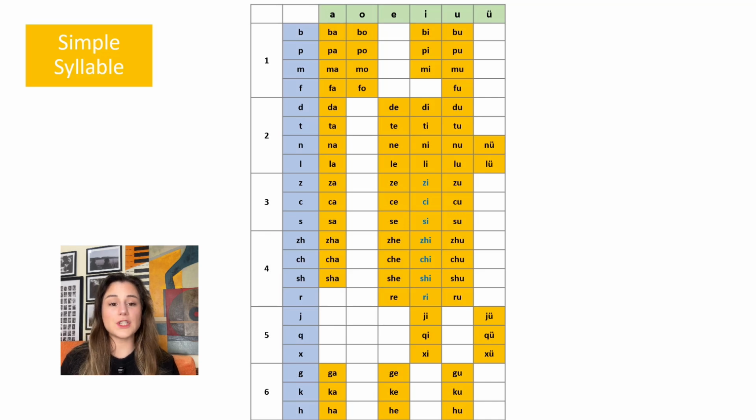And the final one, which is yu. So we have n, yu, nyu, l, yu, lyu, j, yu, ju, q, yu, qu, x, yu, xu.